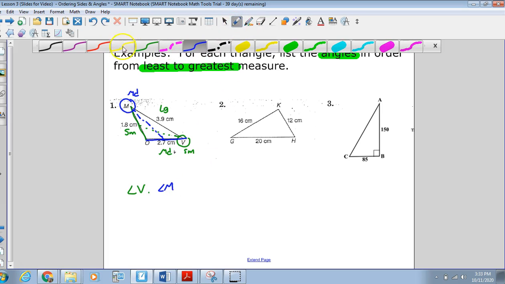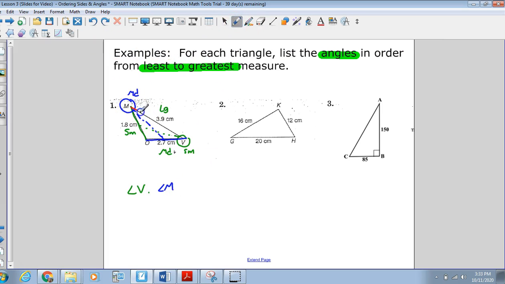And our large, this 3.9 is our largest side right here. So across from that, directly across, this angle O must be our largest angle. So angle V, angle M, and angle O is our order of the angles from least to greatest.